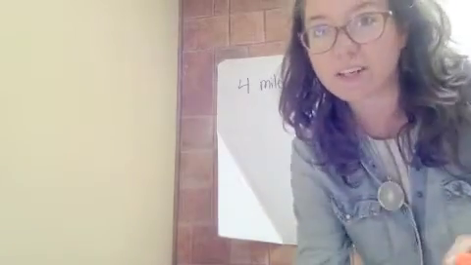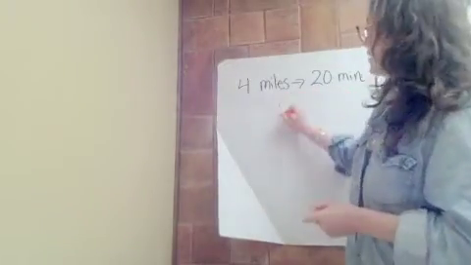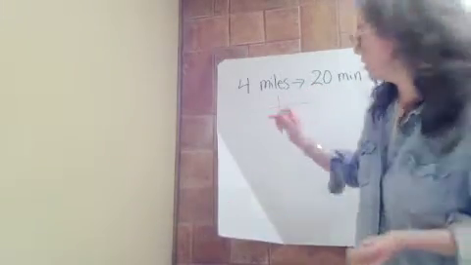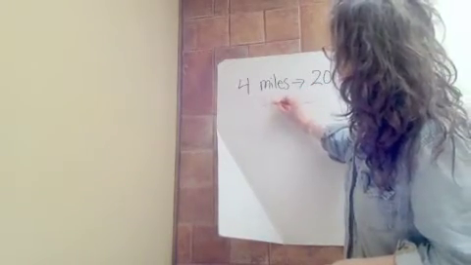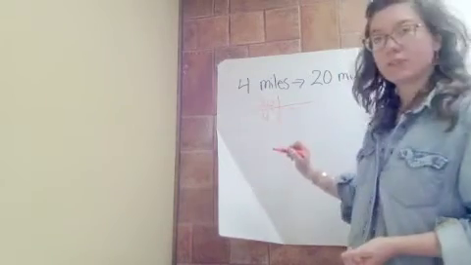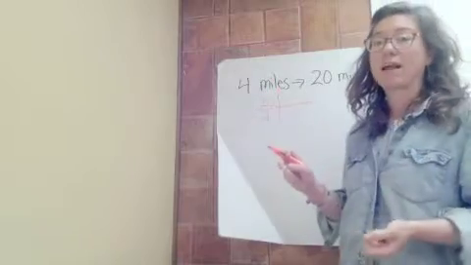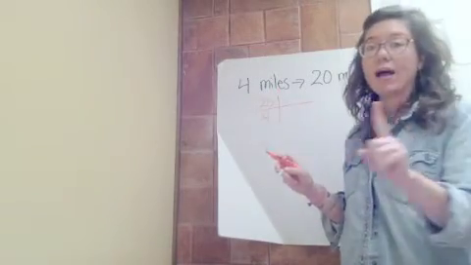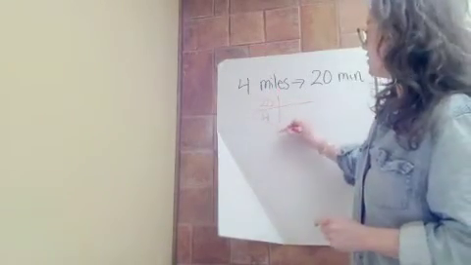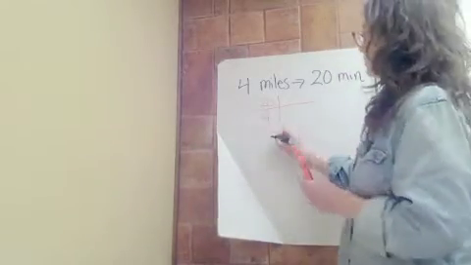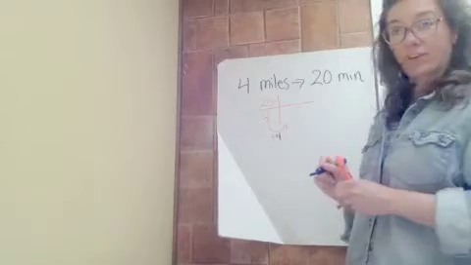The strategy that I want to show is ratio tables, right? And we've done this, but not for a while. So remember, 20 minutes for 4 miles. What we do to the bottom, we always do to the top. If we're figuring out how long it took them to run 1 mile, we need to divide this by 4, correct?